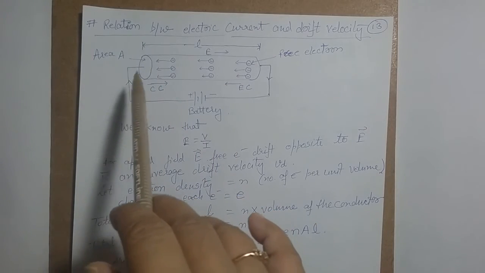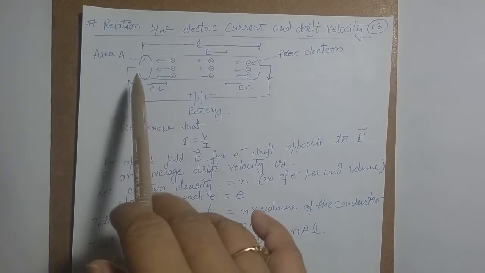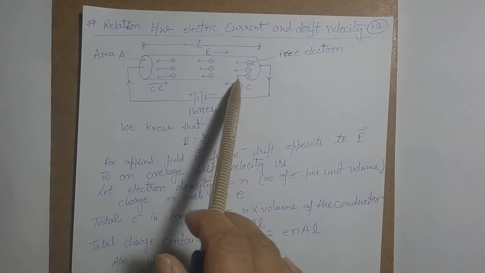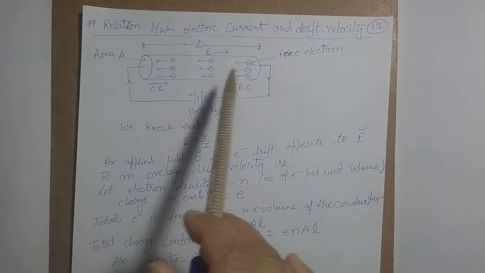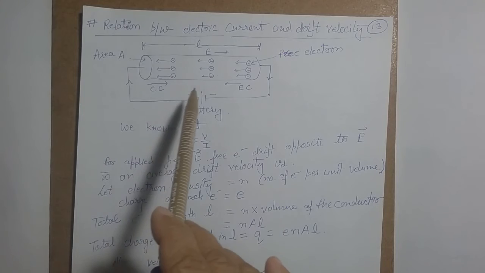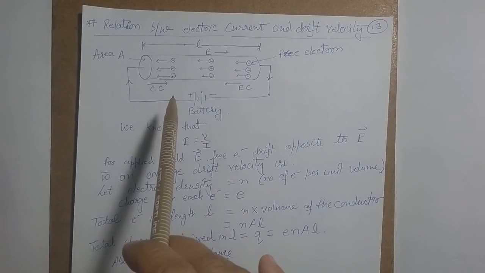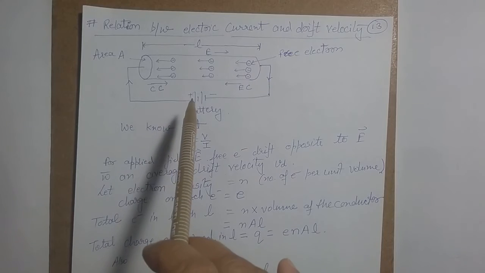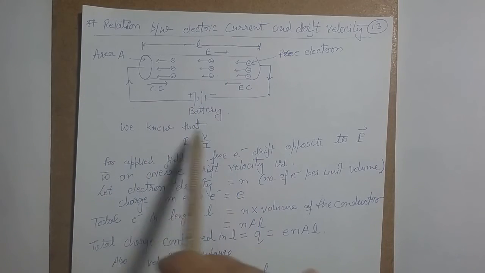A is the area of this conductor and these are free electrons. The direction of electron flow is the direction of electronic current, and CC is the direction of conventional current through that circuit, that is from positive to negative.